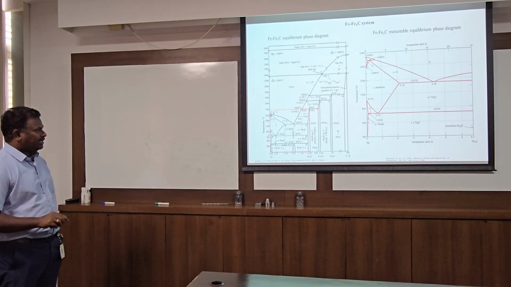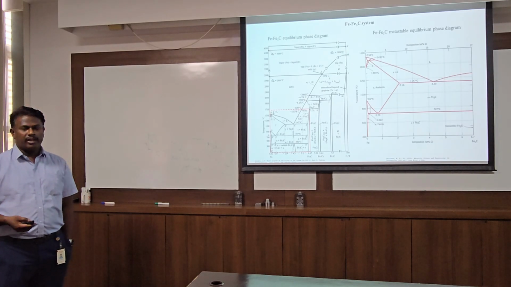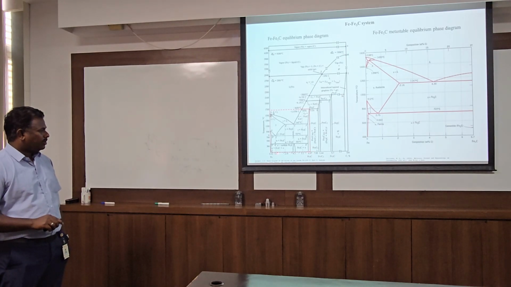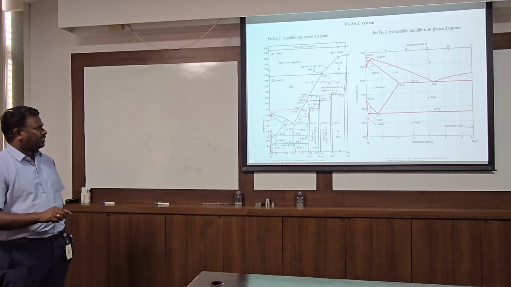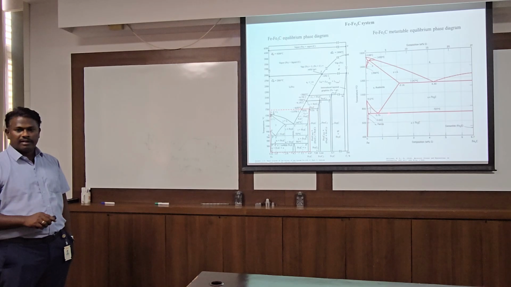But as engineers, what we ask is: what is the application, what do we use for the human race? That is what we care about. So we limited our focus to only 0 to 6.65. Only this portion we are interested in. All this other part is practically not important.